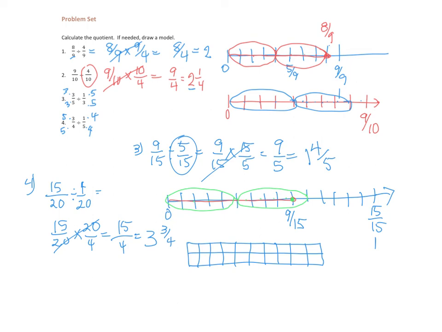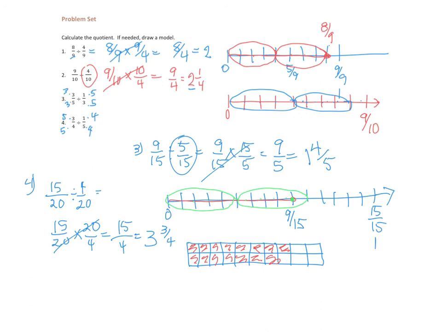So if I go in and I shade in, let's shade in 15. So 1, 2, 3, 4, 5, 6, 7, 8, 9, 10, 11, 12, 13, 14, and 1 extra. There's my 15 20ths. And I'm going to divide it into chunks of, it said 4.